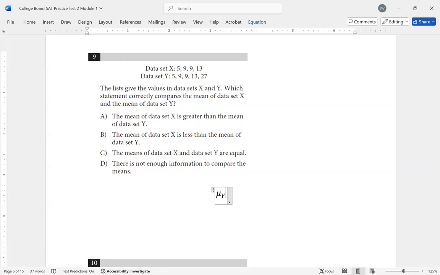If you don't like that, you can write whatever you want. But in math, we use mu as the mean of a population. That mean of Y is going to be bigger than the mean of X.